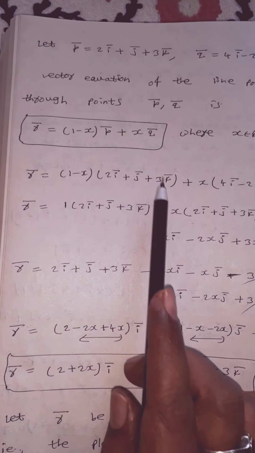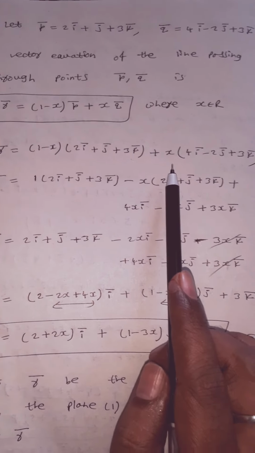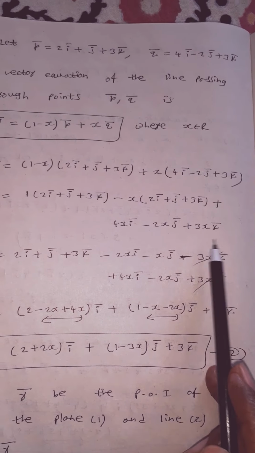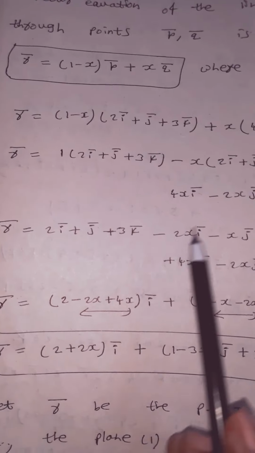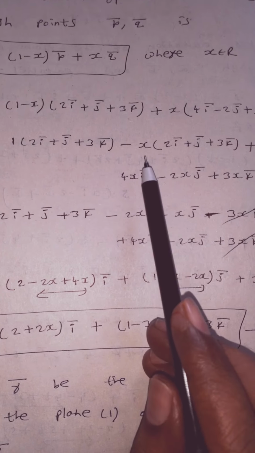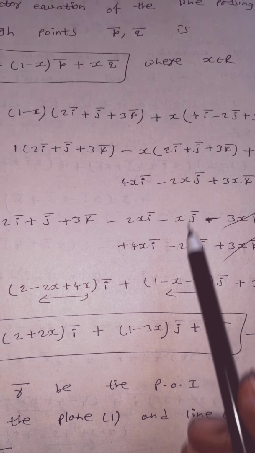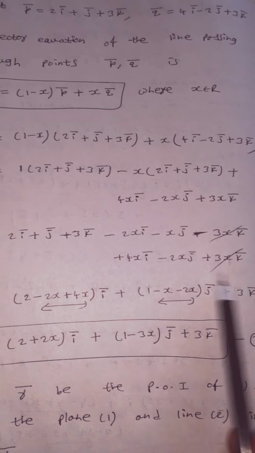Next minus x into these 3 terms again, plus here send x inside, children. So it becomes 4x i bar minus 2x j bar plus 3x k bar. Now write these 3 terms as it is, children. Next here also send x inside minus x, so minus 2x i bar minus x j bar minus 3x k bar. This I wrote as it is.